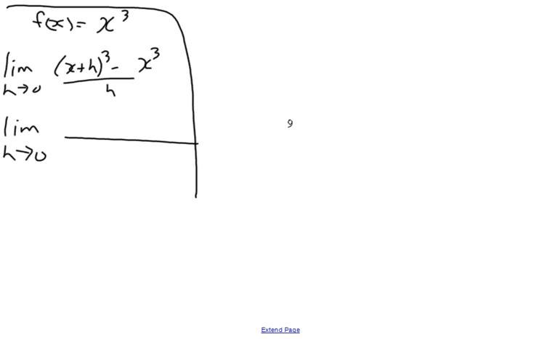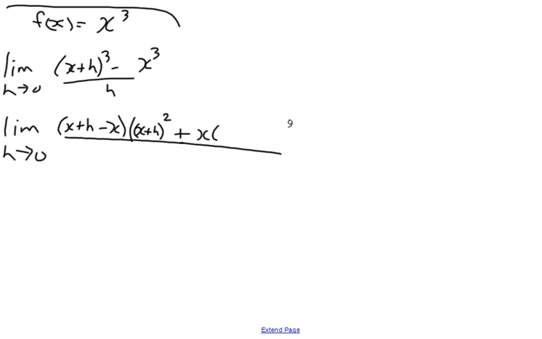So what is it? X plus h minus x. And in here, what? X plus h squared. Let's get rid of this line. It's too confining. Plus, then the product of the two of them. And then finally, the last one squared. And there we have it. We've factored our difference of cubes.